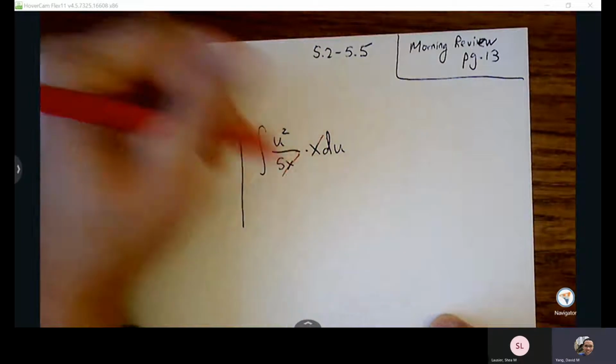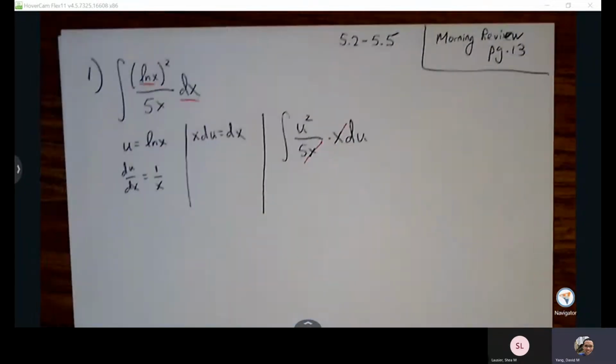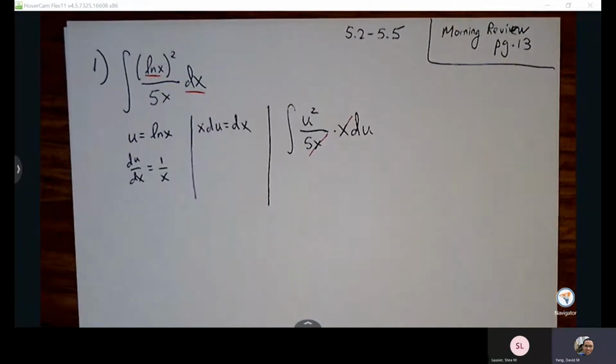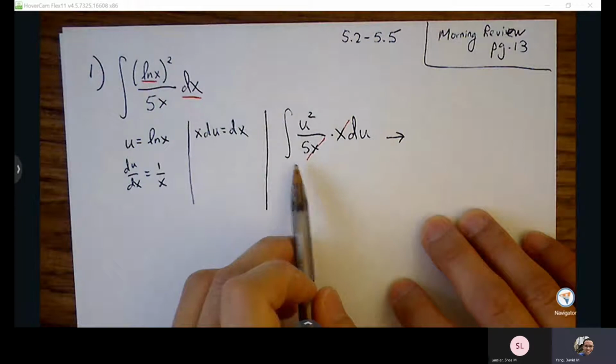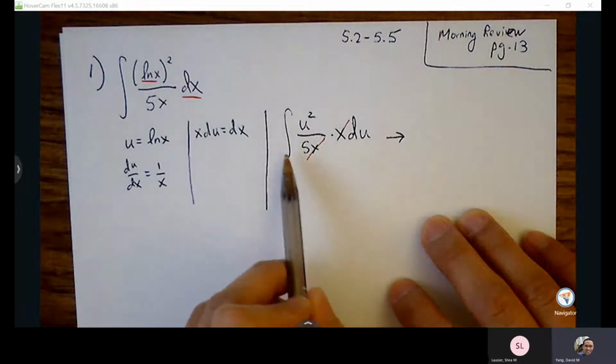And we should be able to clean up the coefficient, that leftover 5, to make it so that it will look exactly like a rule that's available to us. So that 5 can be pushed out in front as 1/5.